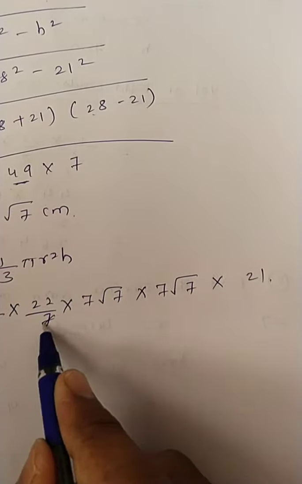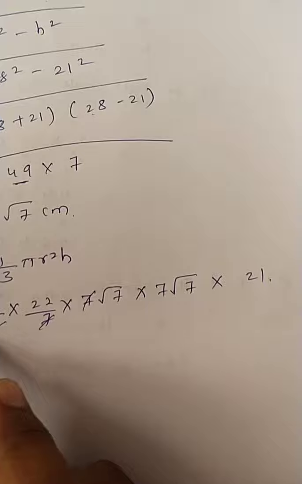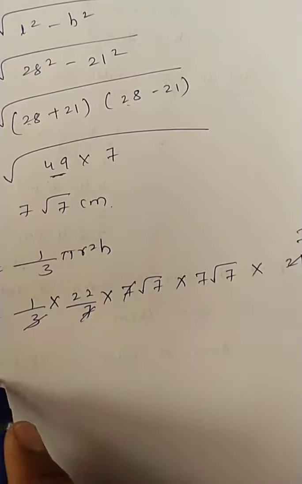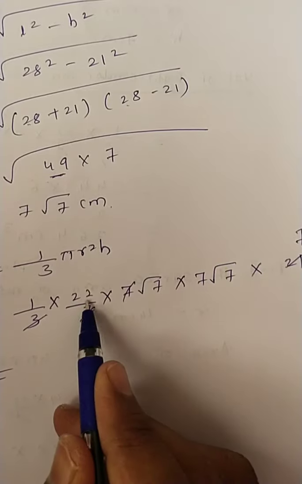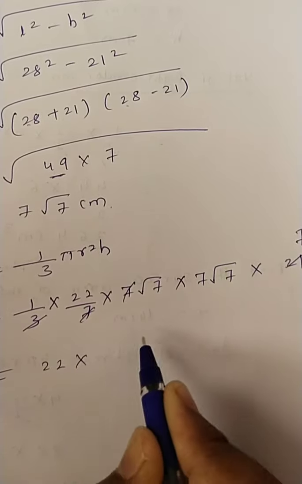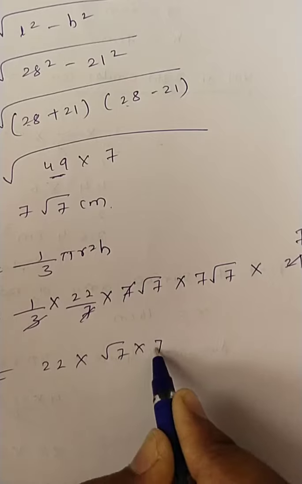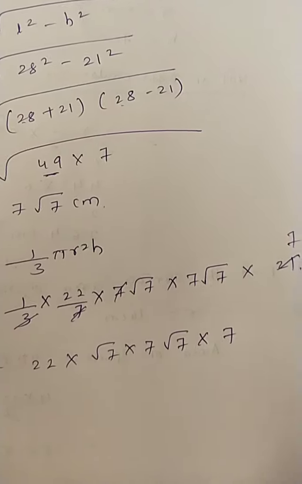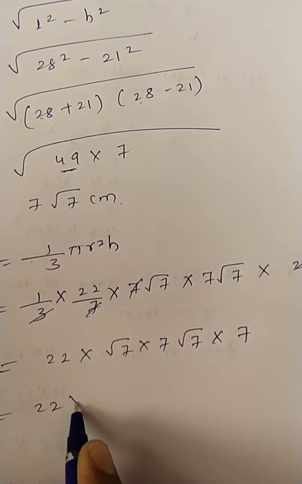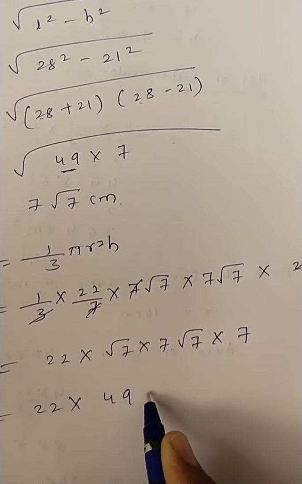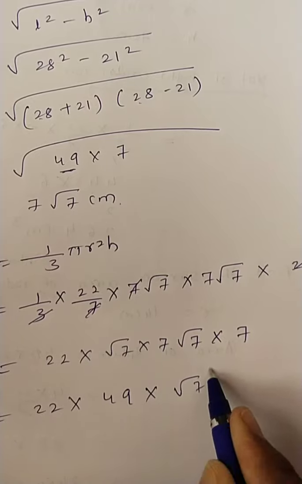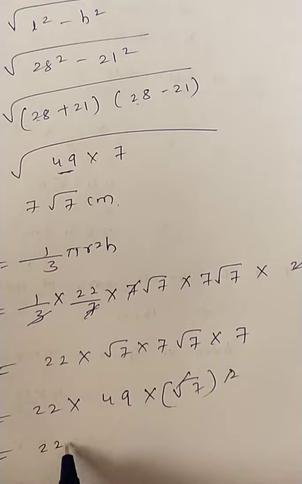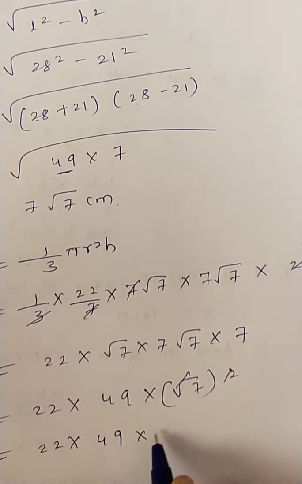So this 7 gets cancelled, and 3 sevens are 21. After simplifying, what remains is 22 into root 7 into 7 into root 7 into 7. 7 sevens are 49, and root 7 into root 7 is root 7 whole square, so square and root get cancelled. The remaining is 22 into 49 into 7.